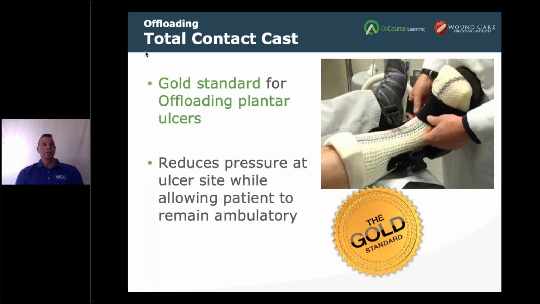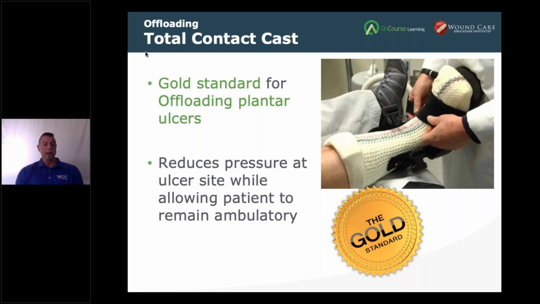Now, the gold standard for offloading ulcers in general is what they call the total contact cast, okay? This is a casting system that all clinicians can be trained to do. It's not just done by doctors. Nurses can be trained to apply these, therapists, etc. It's a simple casting system that's really easy to do, but it has a very excellent ability in reducing the pressure over the ulcer site, but it still allows the patient to remain ambulatory.